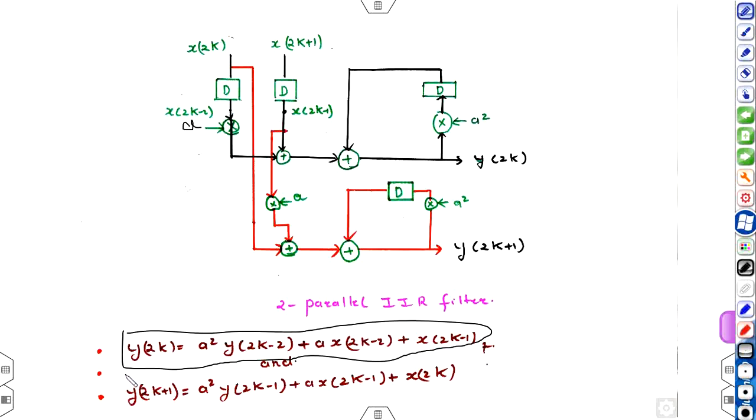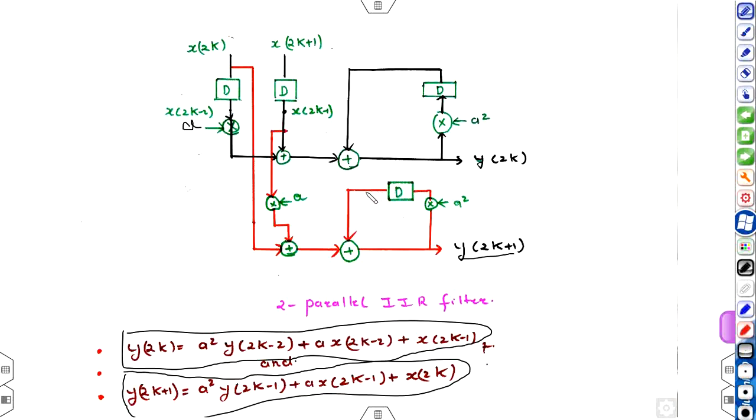And the second equation, y of 2k minus 1. It is producing y of 2k minus 1, the lower one, that is the sum of a square y of 2k minus 1, so y of 2k plus 1 multiplied by a square and delayed by one cycle.